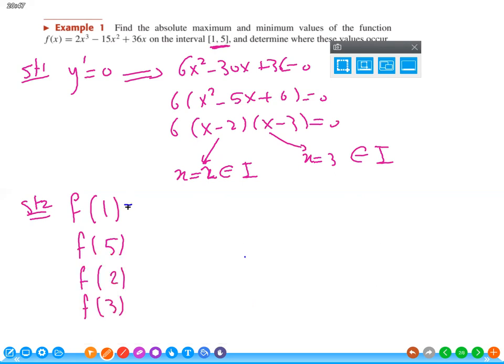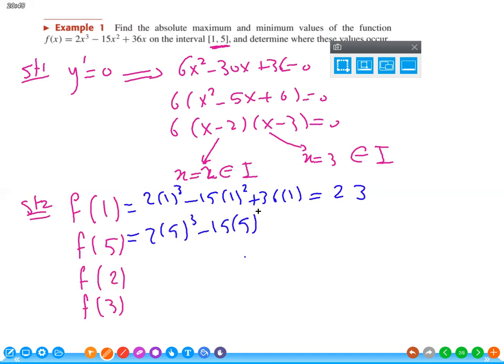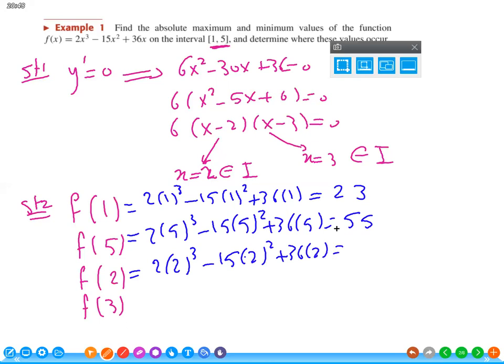We replace in the original function. 2 times 1 power 3 minus 15 times 1 squared plus 36 times 1, the answer is 23. 2 times 5 power 3 minus 15 times 5 squared plus 36 times 5, the answer is 55. f of 2: 2 times 2 power 3 minus 15 times 2 squared plus 36 times 2, the answer is 28.